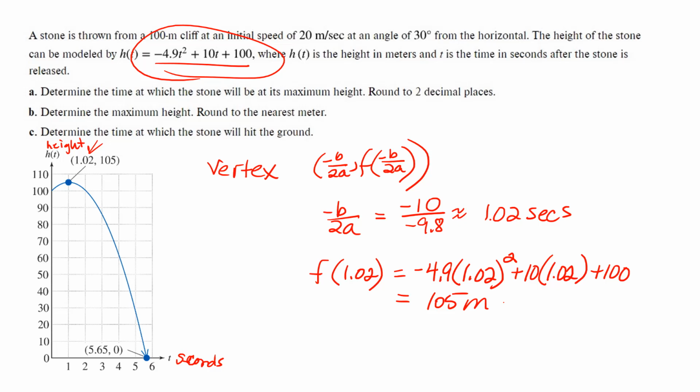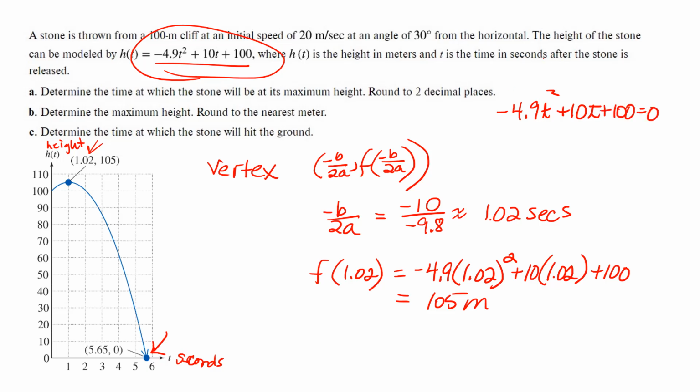And then determine the time at which the stone will hit the ground. It hits the ground at the x-intercept when it crosses the x-axis, because that represents 0. Hitting the ground it's at 0 height. So for part C, you just need to find that x-intercept. To do that, you set the function equal to 0 and see what you get. So negative 4.9 t squared plus 10t plus 100 equals 0.